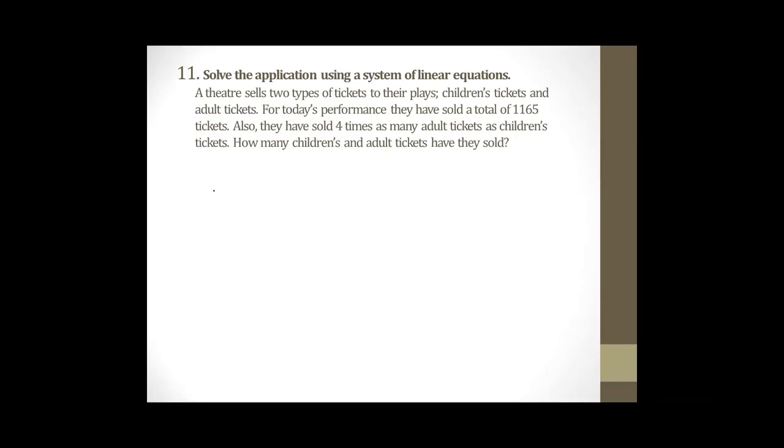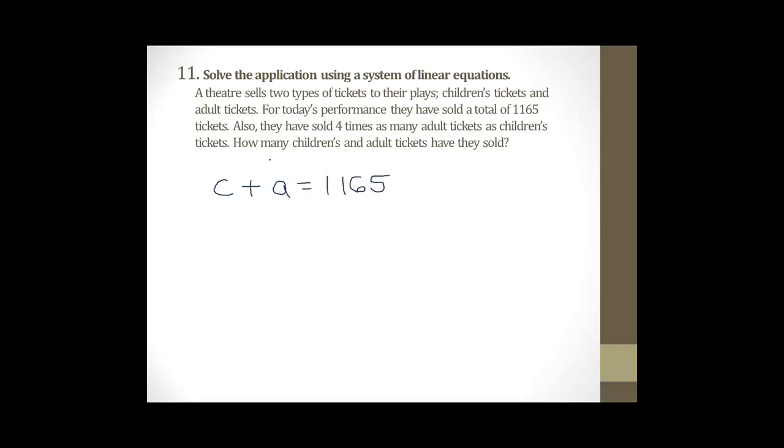I'm calling it C rather than X or Y, so I know which one is which. So the children's tickets plus the adult tickets would total 1,165. I got my first equation.